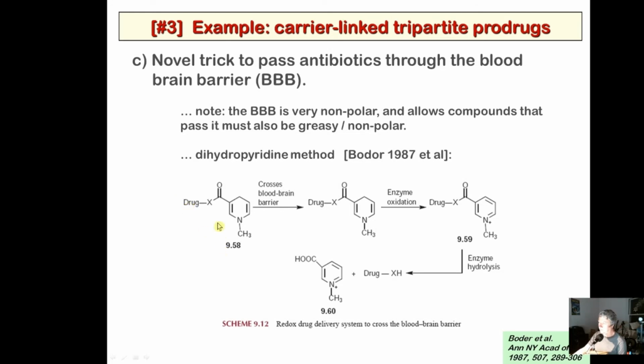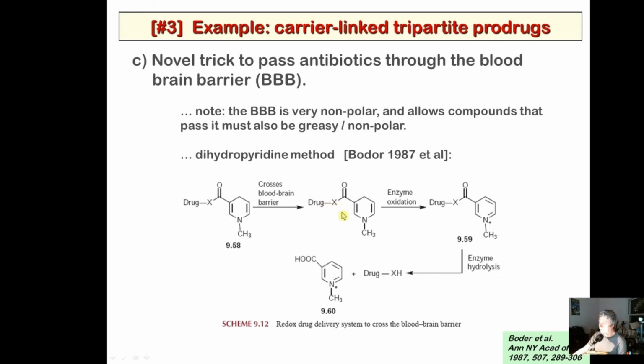So here you'd have a drug molecule conjugated through some sort of X group, and this is a dihydropyridine, so it's a sort of greasy type derivative. This can be greasy enough to cross into the blood-brain barrier.